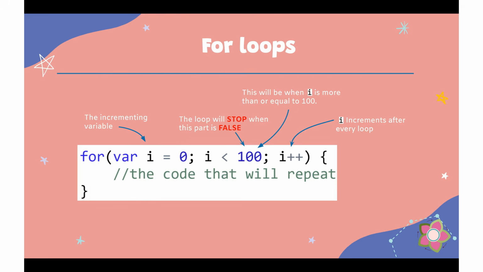So the way it will work is the incrementing variable will start at 0. It will run the code inside of the for loop, and then it will increase the incrementing variable by 1, so then it will go to 1, and it'll keep doing that until this part is false. Then it will stop, and that will be when i is equal to 100, because then it is no longer less than 100.